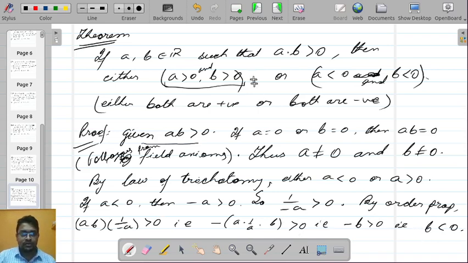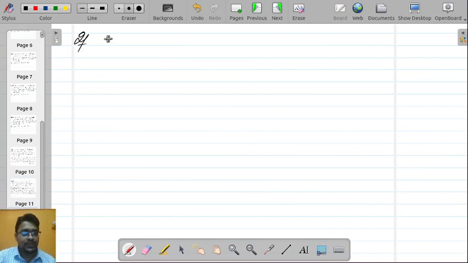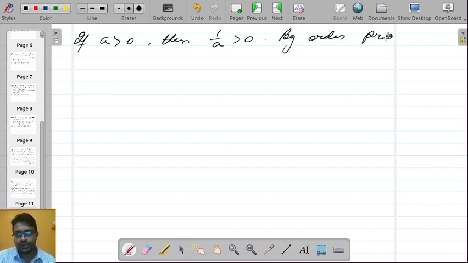So if A is less than 0, then B also is less than 0. Right? And so we have to check the other condition, what happens when A is greater than 0. If A is greater than 0, then 1 by A is greater than 0. And so by order property, we have A into 1 by A into AB is also greater than 0.